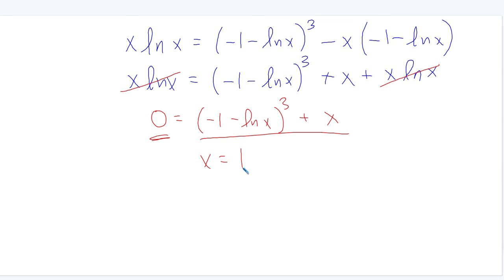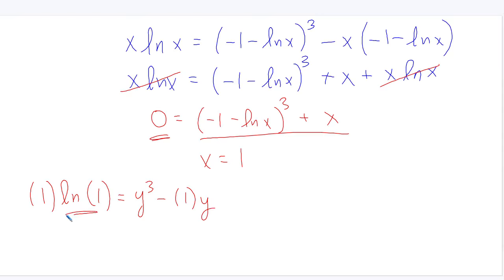Well, the next thing we have to do is confirm that if we plug 1 into our original equation, we actually get some y values, because it doesn't necessarily mean that our original function is defined at x equals 1. Our original function was x ln x equals y cubed minus x times y.